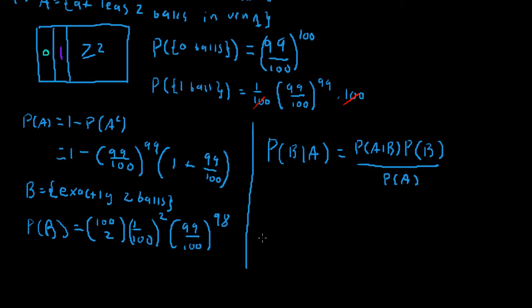So if I got exactly 2, I must have gotten at least 2. So this is 1, because B is a subset of A.